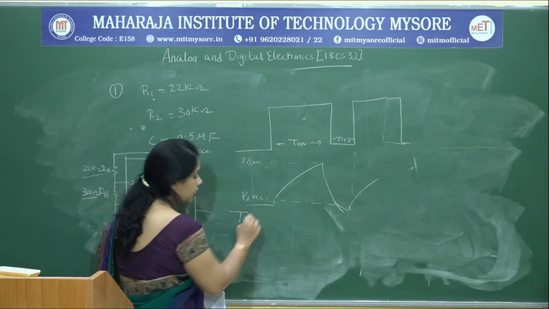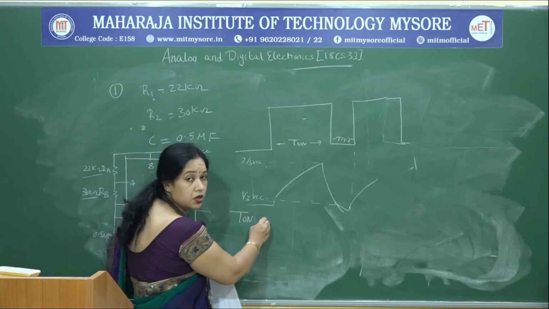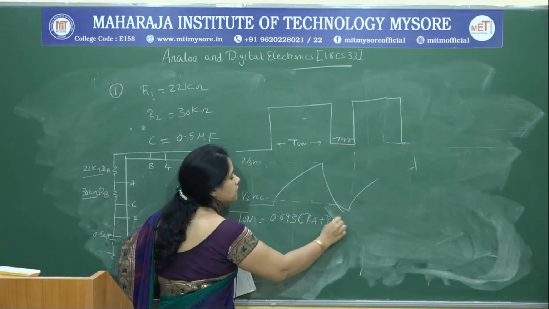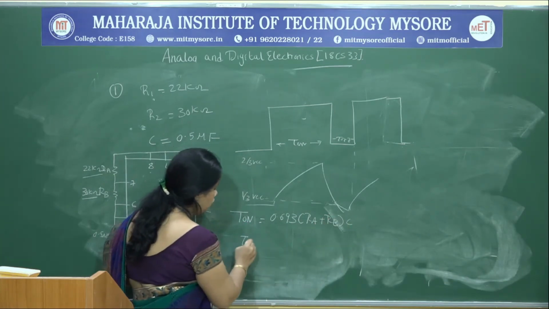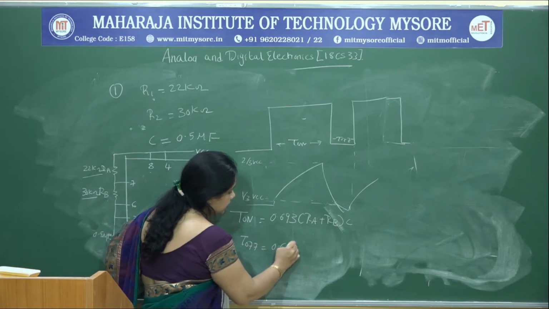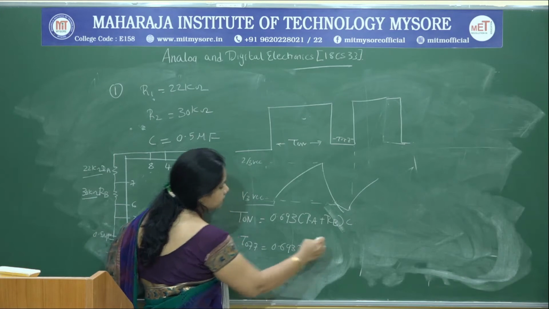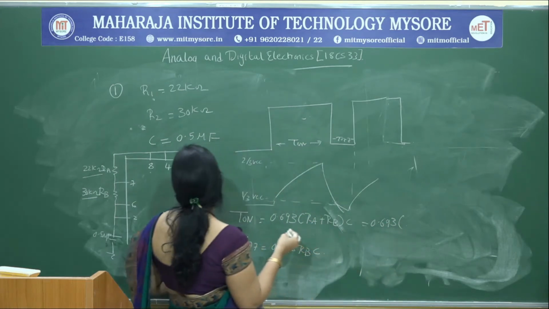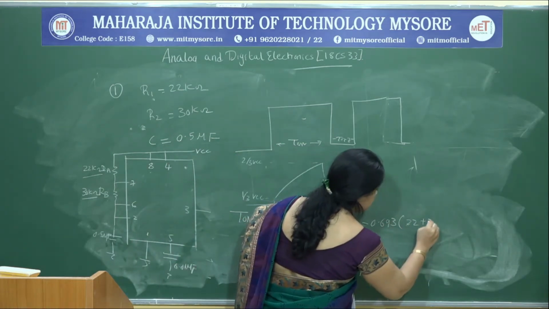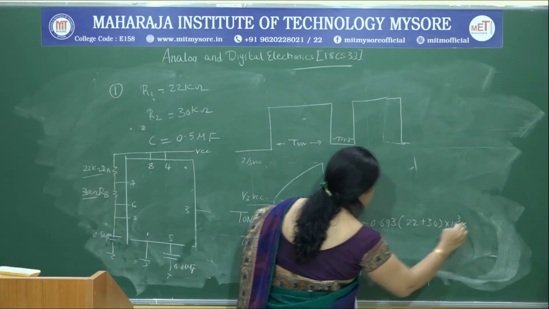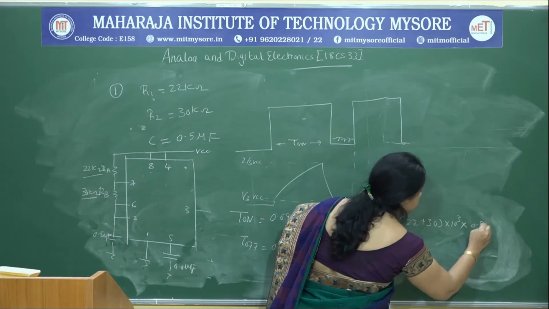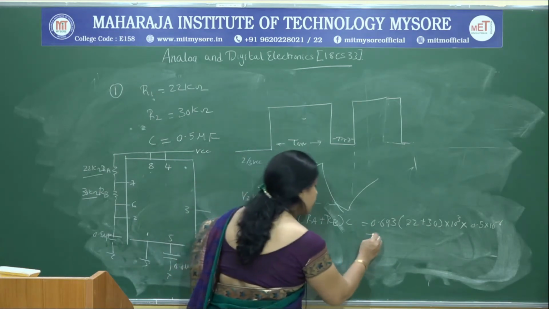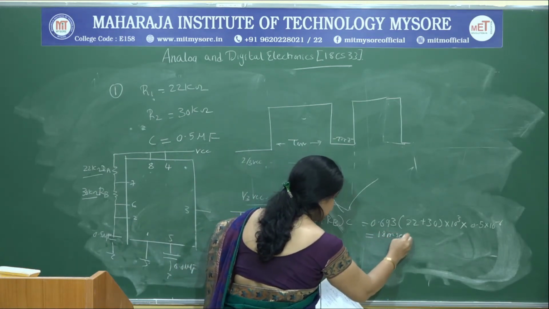So, we have already derived expressions for T on and T off. T on is 0.693, it gets charged through RA and RB into C, and T off is 0.693, it discharges through RB into C. Substituting these values, 0.693 into 22 plus 30 into 10 power 3 into capacitance value 0.5 microfarad, you will end up getting an on time of 18 milliseconds.